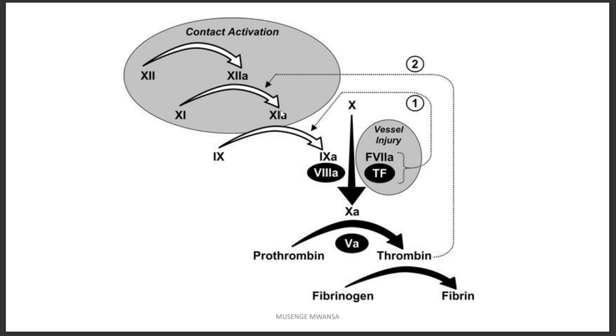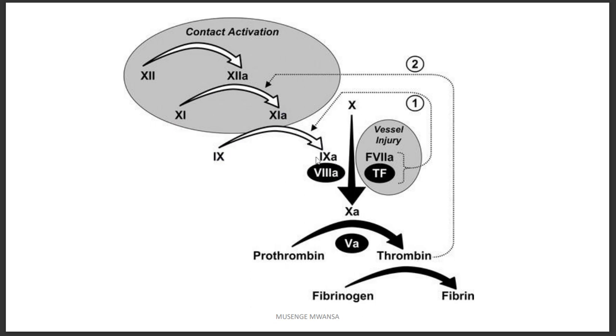Clotting factor 11 is going to activate 9 to 9A. Now here though we can see it, clotting factor 9 is going to activate 8 to 8A. This is the one which you are able to see here. So simply 12 to 12A, 11 to 11A, 9 to 9A, 8 to 8A.